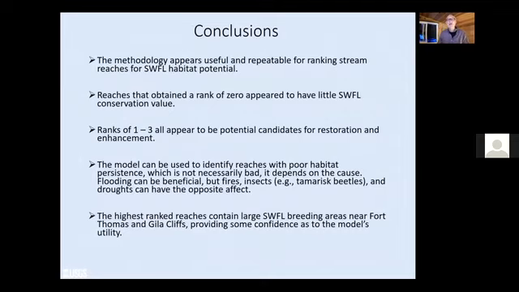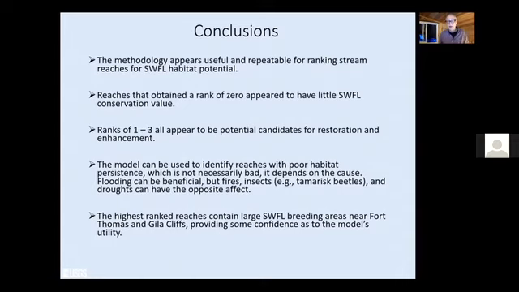Okay, the methodology appears useful and repeatable. We really think that this is a methodology that has great potential to be extrapolated through the range, as well as refined regionally, because you can apply the model to any area, and then you can actually modify those thresholds for those 4 predictors.